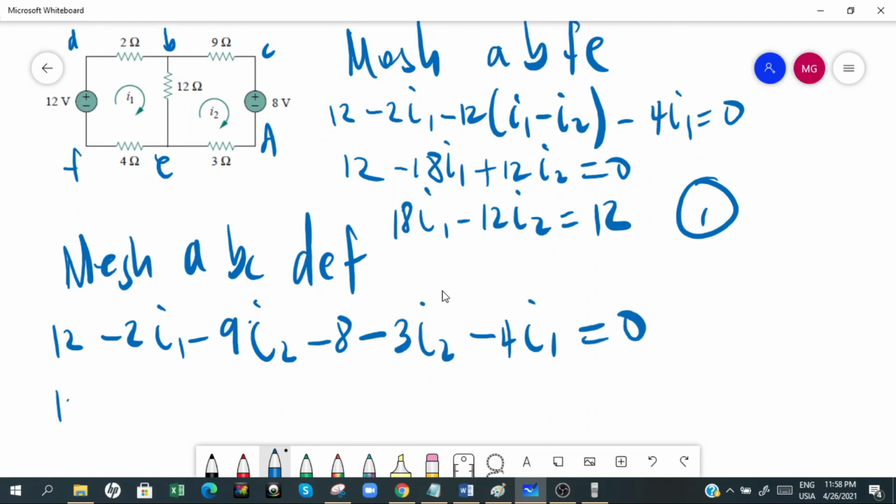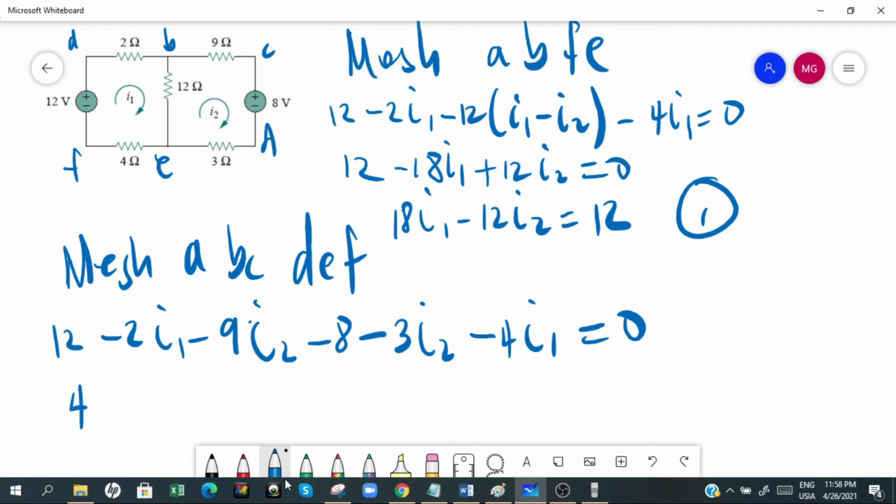So finally we have 12. Oops, sorry, we have forgotten something. So supposedly 9, then 9 I2, then 8. Okay, so I think it's already okay now. So 12 minus 8, so this is 4.